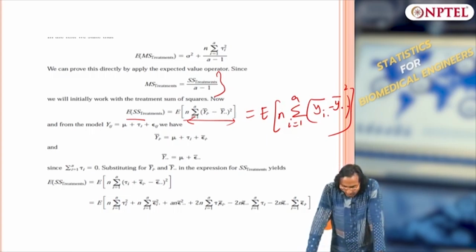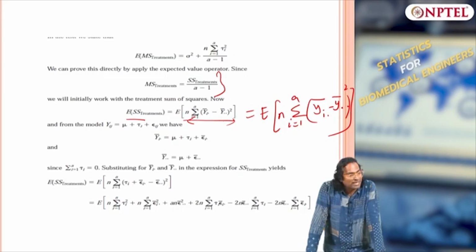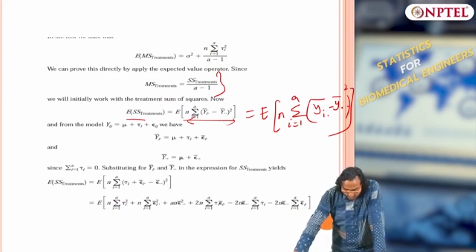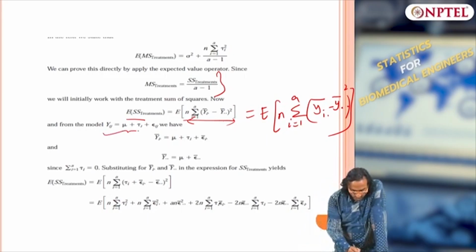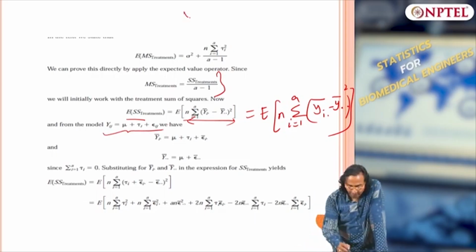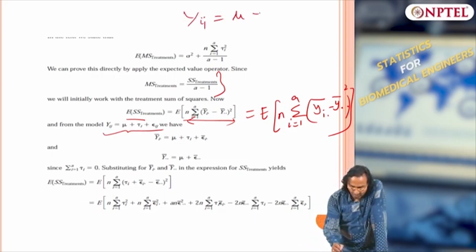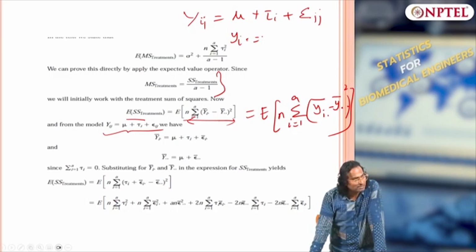right. Now, I want to write what is yi dot bar. So, what is yi dot bar? I know what is my model of the system. I have assumed my data to be of this form, the output of this form. So, what is yi dot? Yi dot should be equal to what? Summing along j axis.